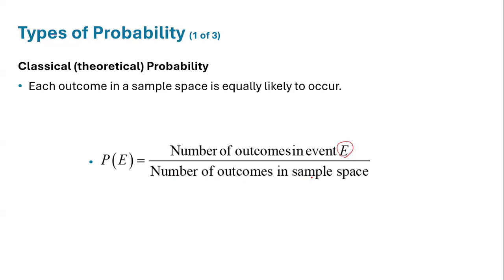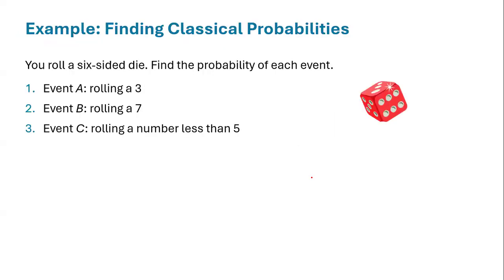For example, when we roll a 6-sided die and A is getting a 3, we want to find the probability of that. To find the probability of event A, we need to know the number of outcomes in event A divided by the number of outcomes in the sample space.